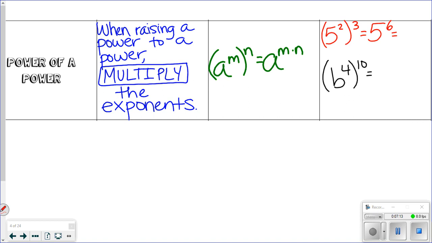You get 15,625. So either answer is acceptable here. Both answers work. 5 to the 6th power, you can leave it like that. And then b to the 4th power raised to the 10th power. So b, 4 times 10 is 40.